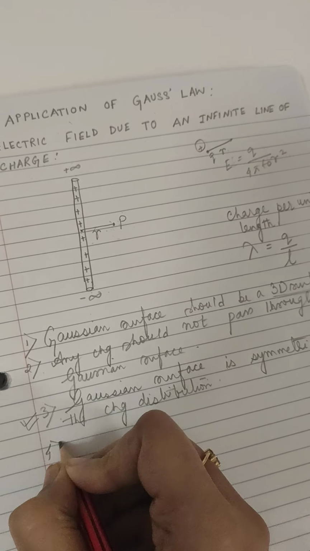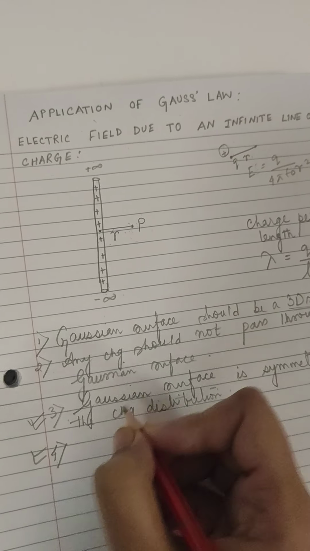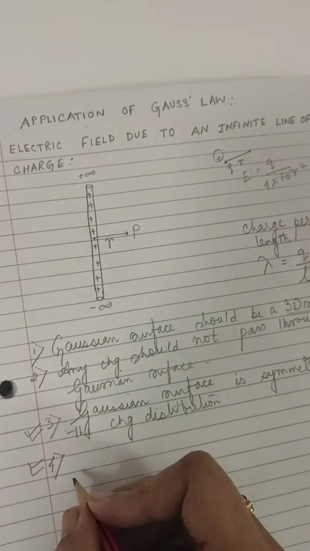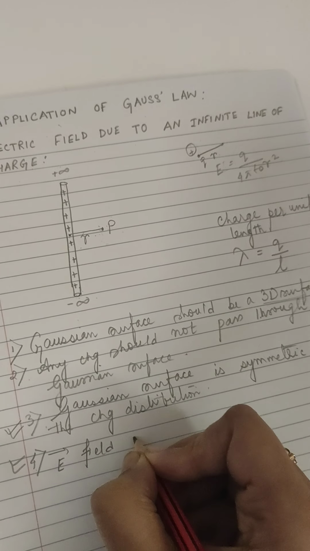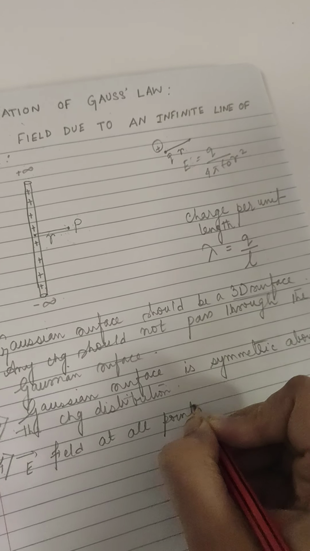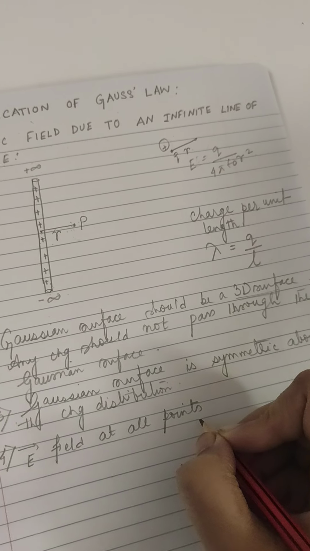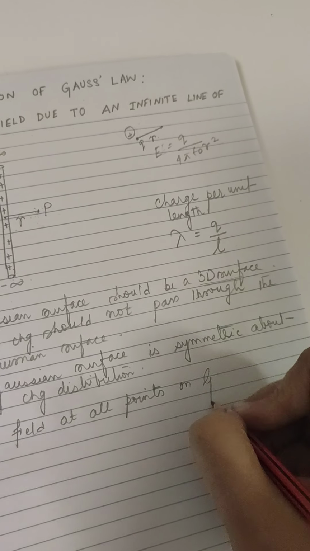And the fourth important property is that the electric field at all points on the Gaussian surface should be constant, or symmetric about the Gaussian surface.